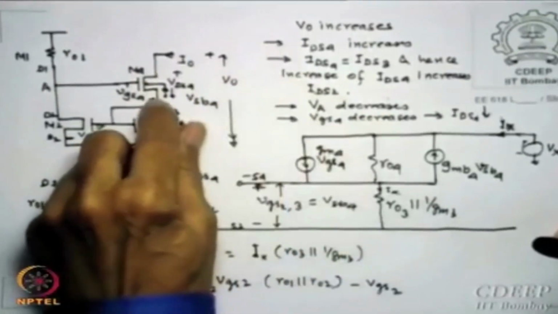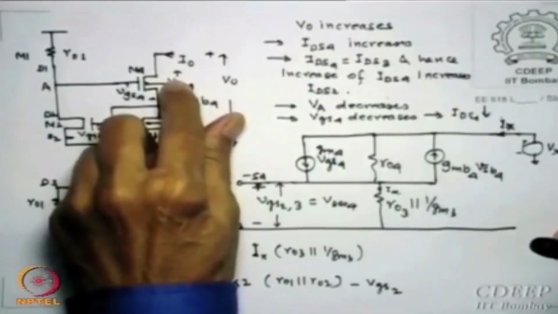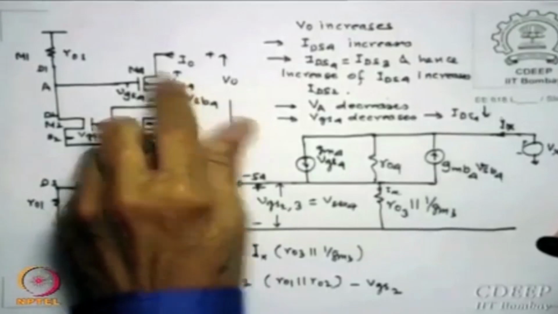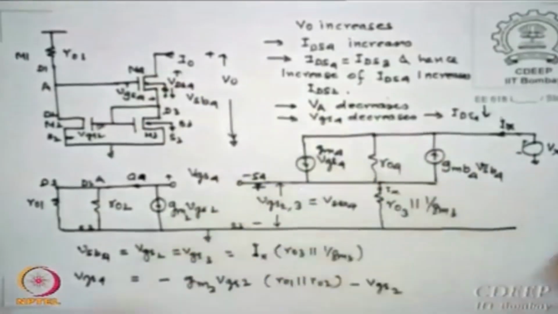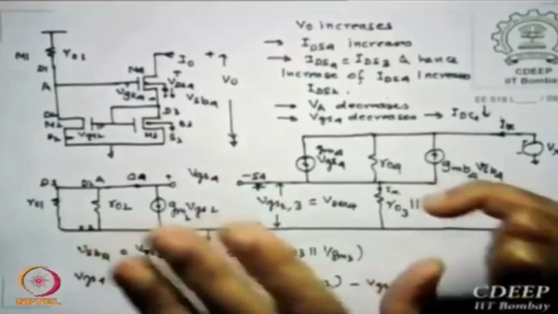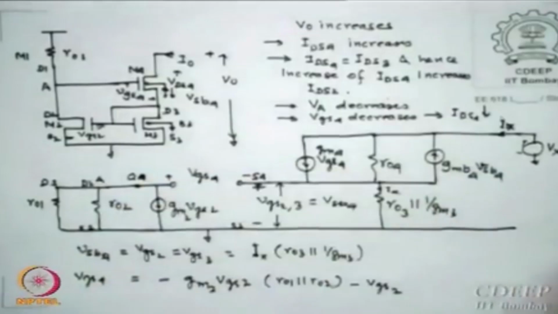VSB4, this is plus and this is ground, is that sign correct? Source is at higher potential than the ground. That is why I said the way I had drawn, I am only keeping signs accordingly, and that is why I changed this sign upwards. Okay, is that now clear to all?